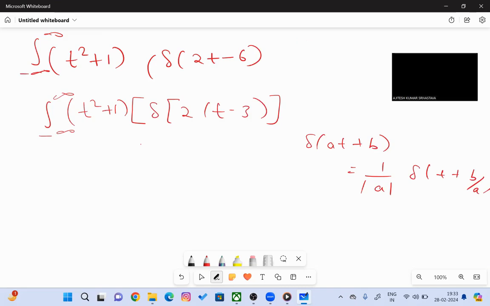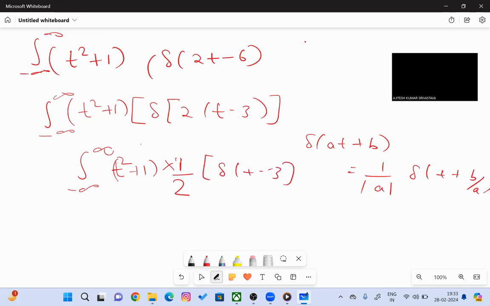So if we wanted to write this signal, integral from minus infinity to infinity of (t square plus 1) times delta of 2t, it is represented as 1 by 2 delta of t minus 3.